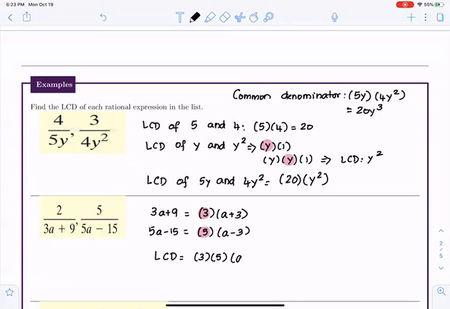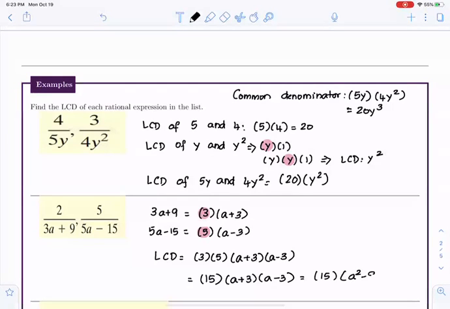So we simply have to write it as a plus 3 times a minus 3. So the least common denominator is 15 multiplied by a plus 3 multiplied by a minus 3. You may either leave it as is or use the special product and recognize that a plus 3 times a minus 3 is simply a squared minus 3 squared, which should be a squared minus 9.